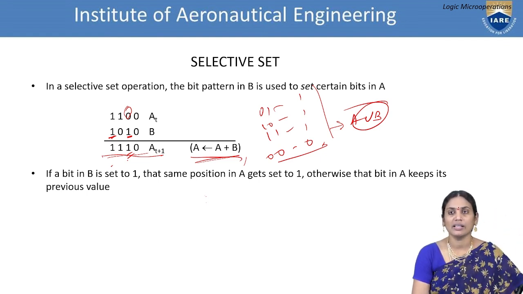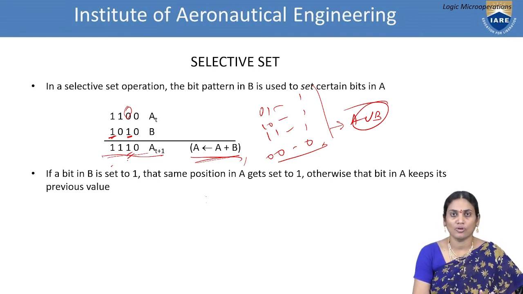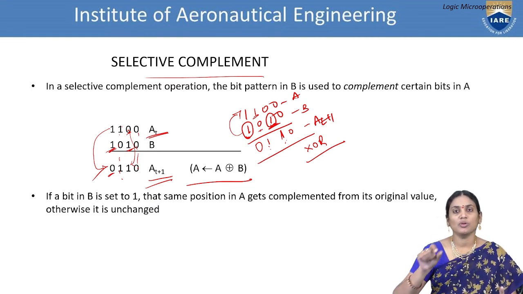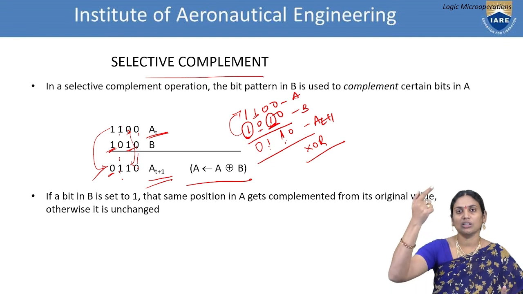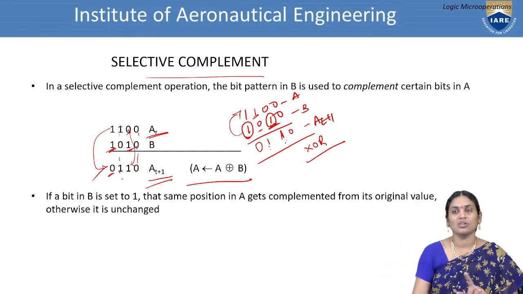We can find the example over here. The final output of this will be a simple logic OR operation. Next one is selective complement. In the selective complement, what are you doing? You are performing the complement of only the corresponding bit positions in B. If I find any 1 in B, the same position in A will be complemented, and the rest is transferred as it is. This is about the example.